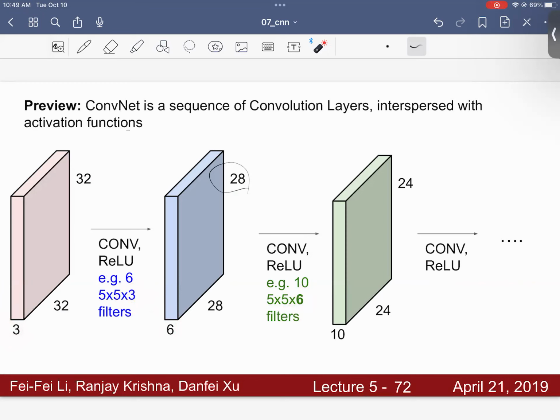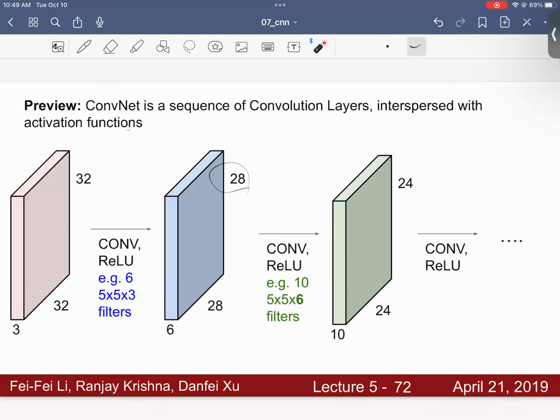The channel dimension of your filter should be the same as the channel dimension of your input, which is the input to this conv. So 3, 3, 6, and 6.